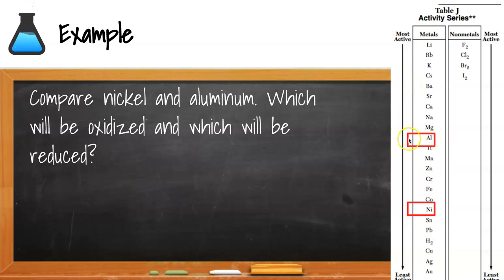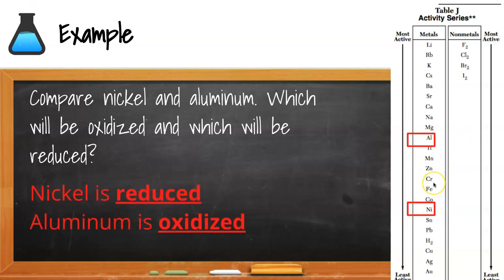Since aluminum is higher up on Table J, it's more easily oxidized, so it's going to lose its electrons. Nickel, since it's lower down, is not so easily oxidized, and therefore it's going to get reduced. It's going to gain those electrons from aluminum. So aluminum is oxidized because it's higher up on Table J, and nickel is reduced because it's lower down on Table J.